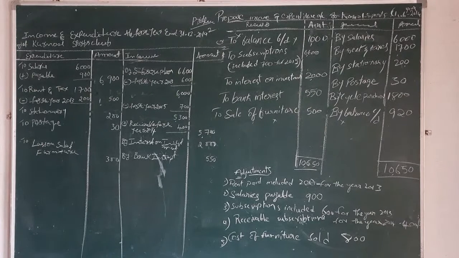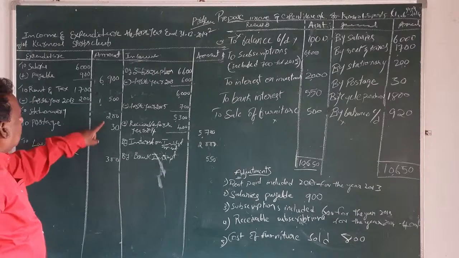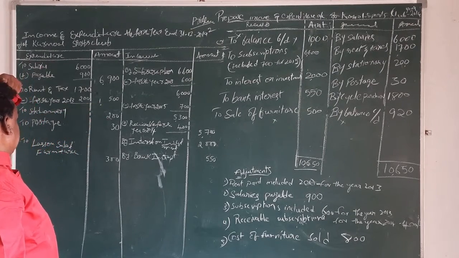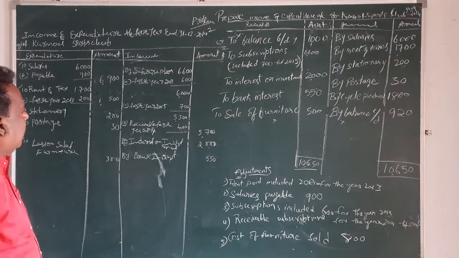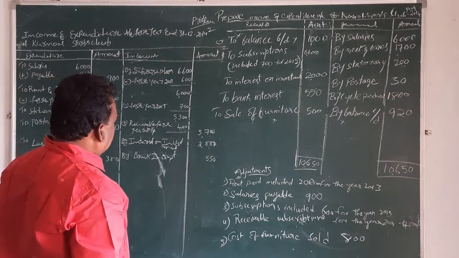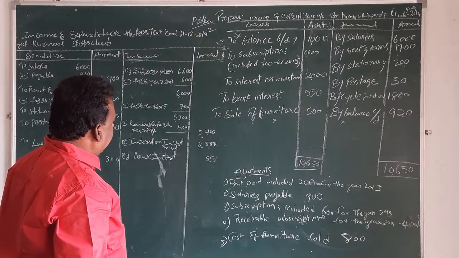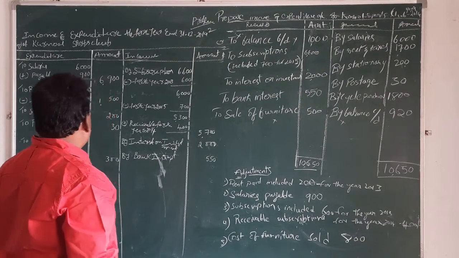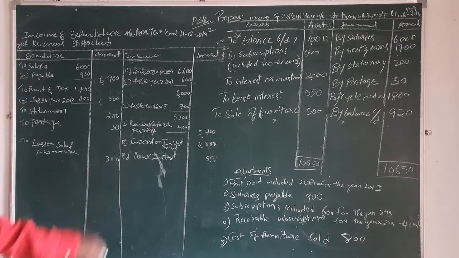So, debit balance 7, 14, 1,000, 2,000, 8,900 nearly. So, loss is there.